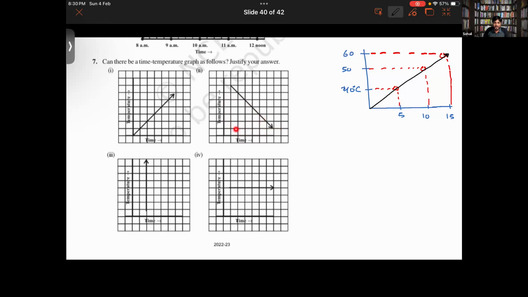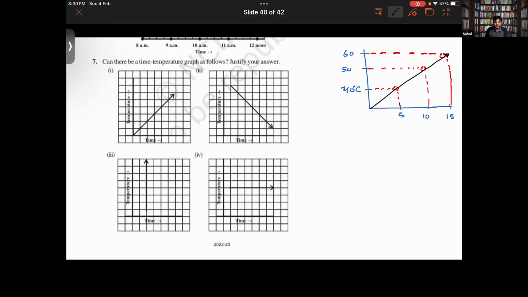Now graph number 3. See this one. This one is not practical. Why is it so? Because time and temperature can't be constant. The third graph shows time and temperature, but it is not possible that temperature increases while the time is constant.